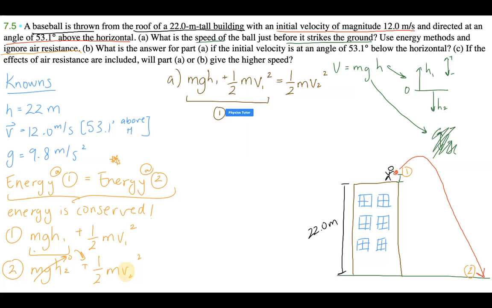And this is all the energy at 2. And because energy is conserved throughout the process of this ball going from point 1 to point 2, that means that the energy on both sides are equal to each other.